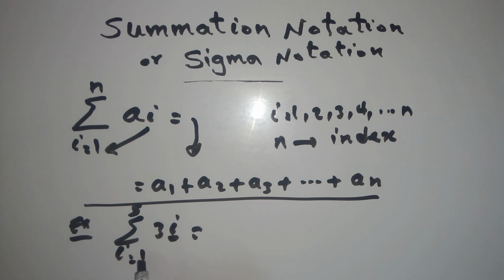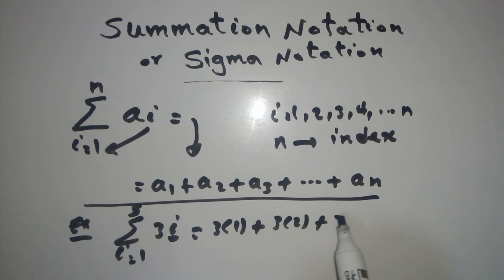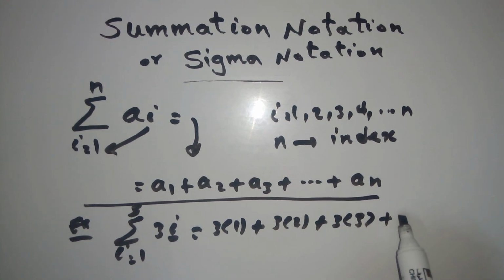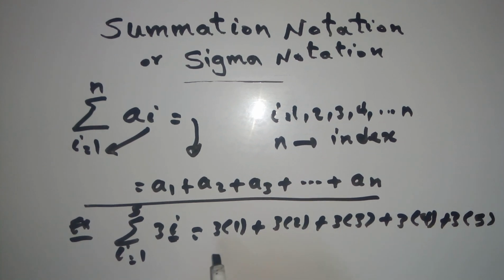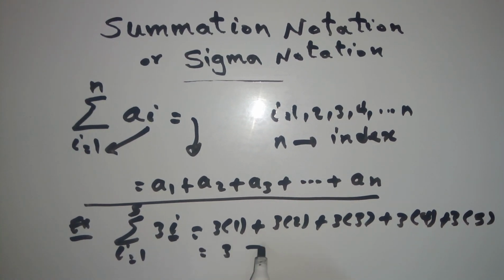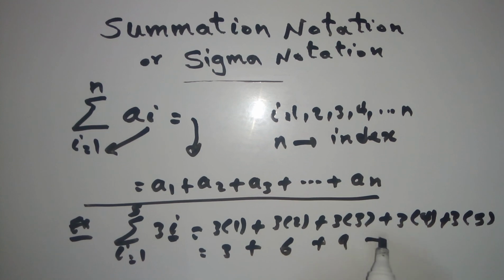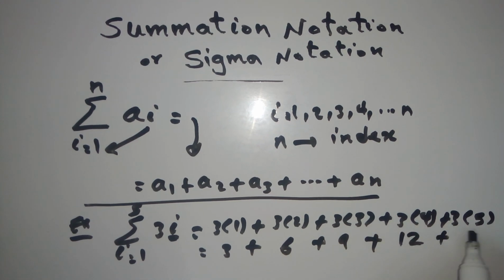Then we replace i with the values 1 and 2 and 3 and 4 and 5. And it will be 3 multiplied by 1 plus 3 multiplied by 2 plus 3 multiplied by 3 plus 3 multiplied by 4 plus 3 multiplied by 5. It's going to be 3 plus 6 plus 9 plus 12 plus 15.